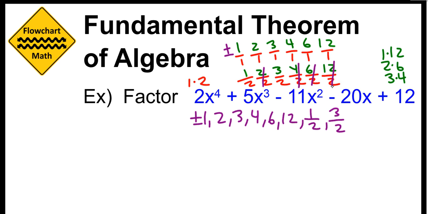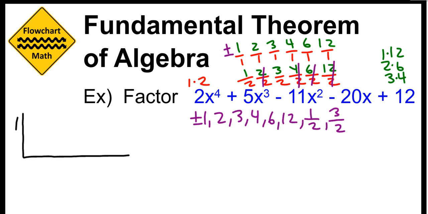So what I'm going to do here is test them out and see if they actually work. I'm going to rip through this list and try to find a zero, and I'm going to use synthetic division to do that. So let's start with the first number in that purple list, positive 1. I'm going to look at the blue expression.